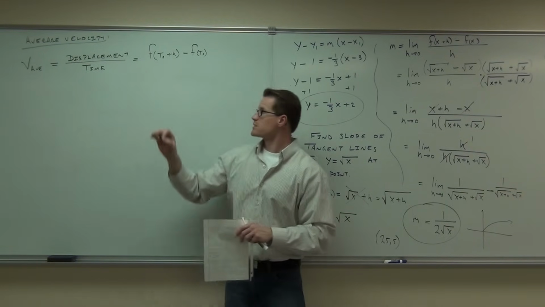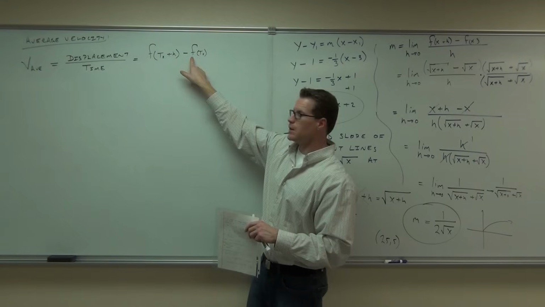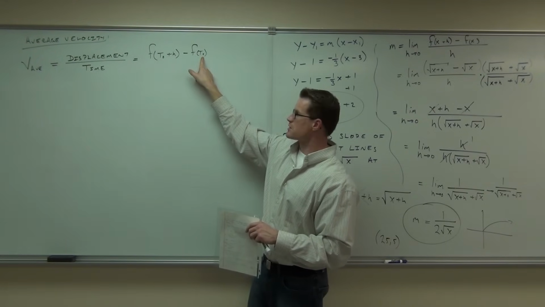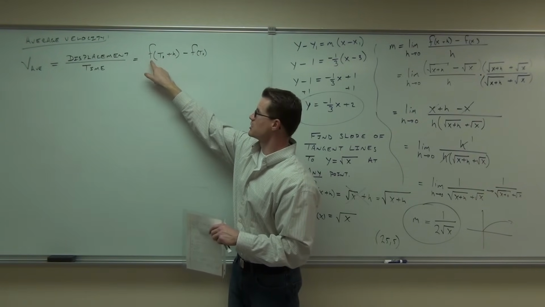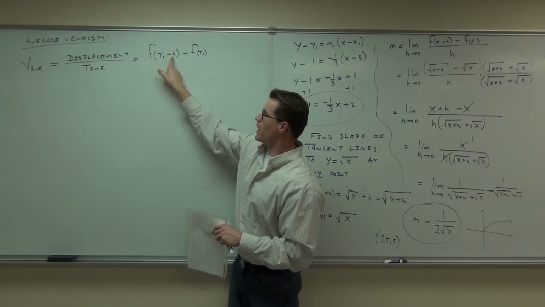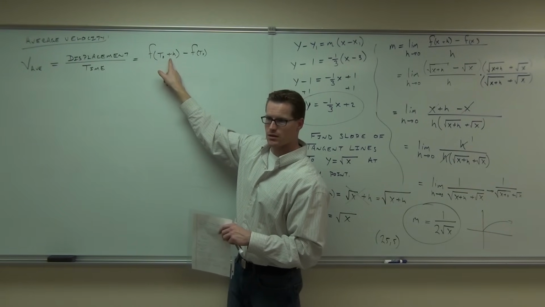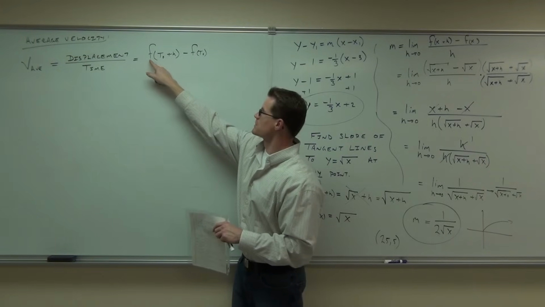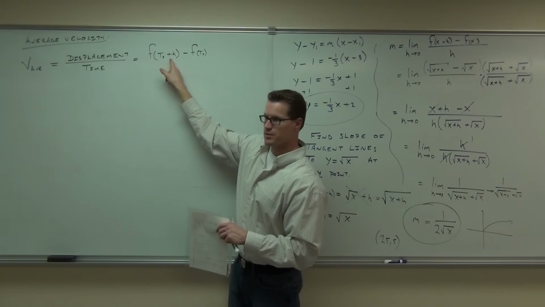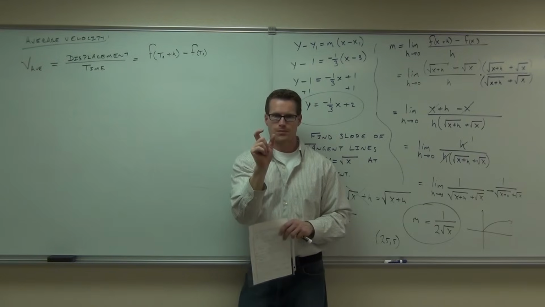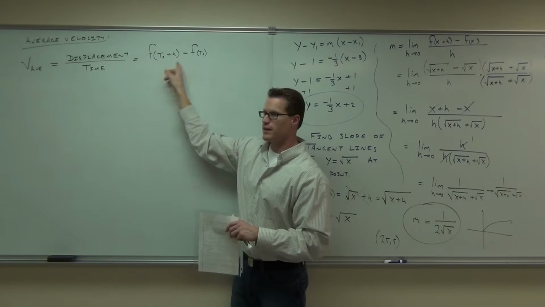This is the position when you started. This is the position after a little while. That's the plus h. Remember that plus h is a little while? This is your position after a little while. That's how far you've gone.